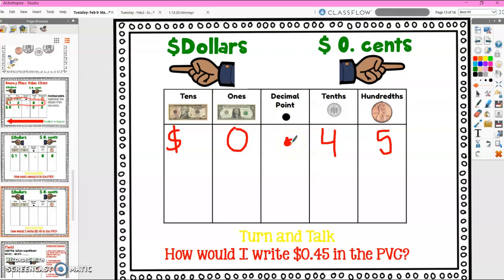So the first thing that you can do is draw your decimal point and then see what is to the left of the decimal point, 0, and see if there are any more numbers that come after 0. No, okay. Then you need to think about what comes to the right of the decimal point, which is 4, and what comes after 4 in our number, 5. So lining up your decimal point first will really help you understand how to put numbers in your place value chart.